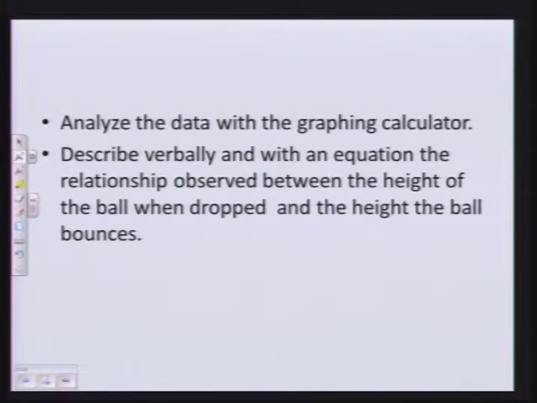In some cases, when I've done this experiment with certain balls and certain floors, I might get an equation like y is equal to 1/2 x. What would that be saying? X, my independent variable, is the height from which the ball was dropped.